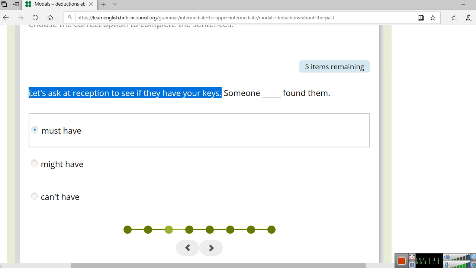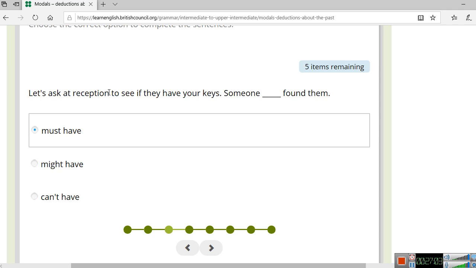So let's look at the reception to see if they have your keys. This, let's look at the reception, implies that they have not been there yet. They have yet to be at the reception. So we're talking about something that is not sure. That's how we know we're talking about a 50% chance to see if they have your keys. Also, to see if they have your keys is implying maybe they don't have it. They don't have the keys.